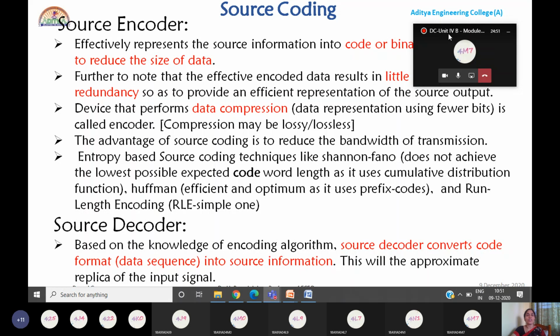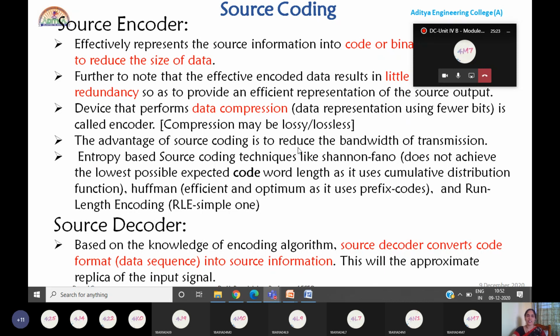In channel encoder, extra check bits will be added because our intention is to detect the error location where the error is there, and to detect and correct the error. Those things will be performed by the channel encoding system. The source encoder, what it will do is reduce the size. It performs data compression.